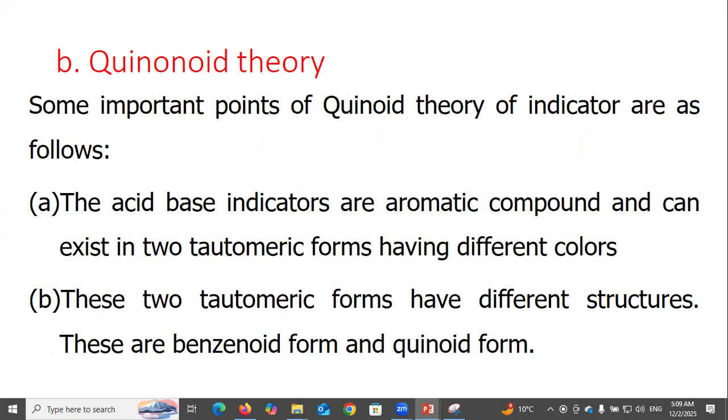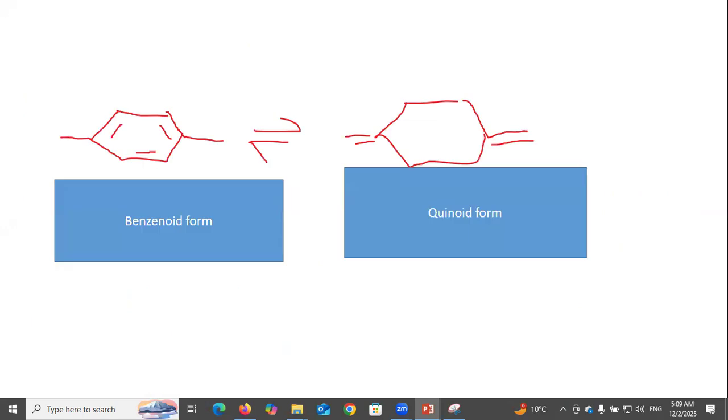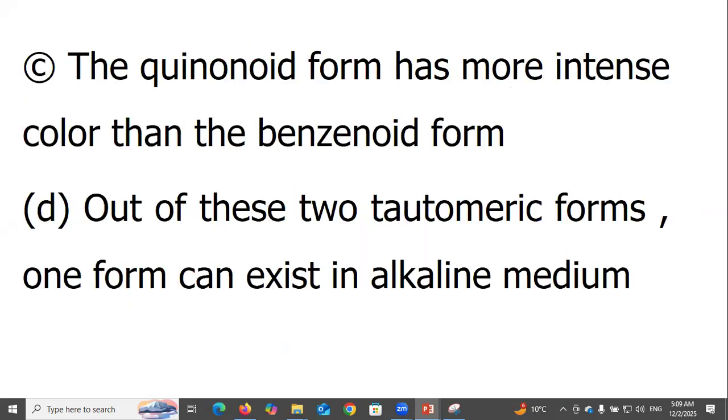Quinoid theory. Some important points of the quinoid theory of indicators are: acid-base indicators are aromatic compounds and can exist in two tautomeric forms having different colors. These two tautomeric forms have different structures: the benzenoid form and the quinoid form.